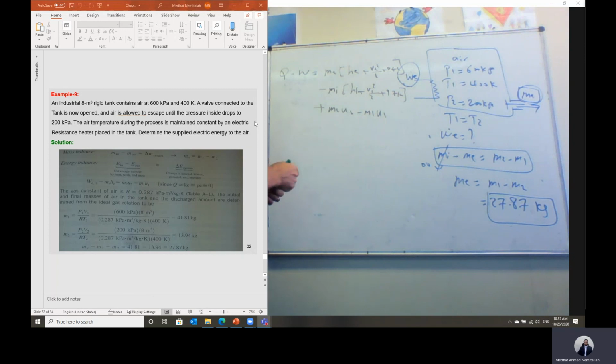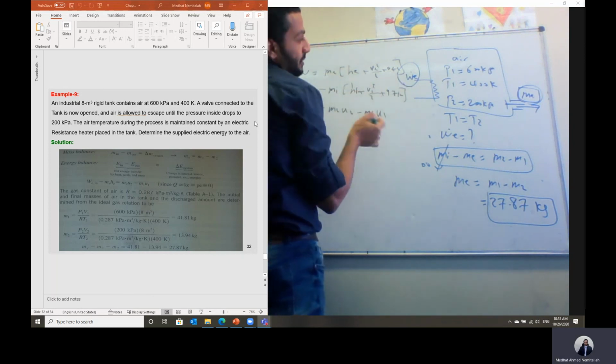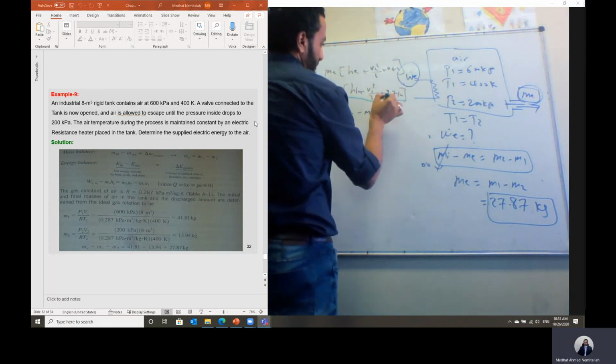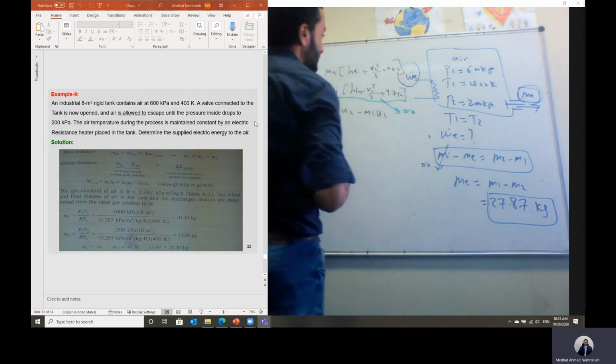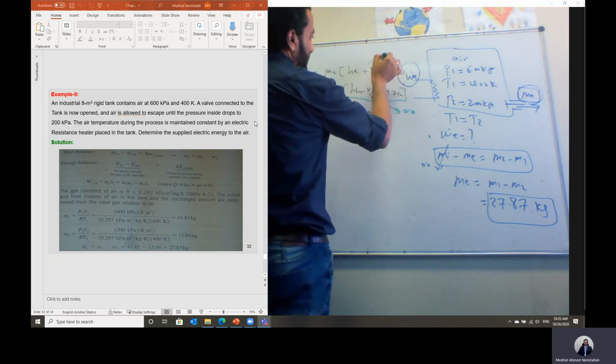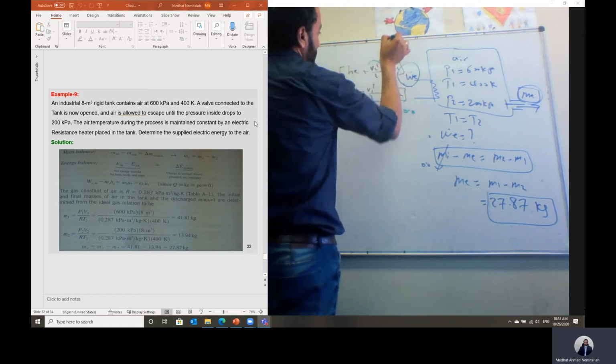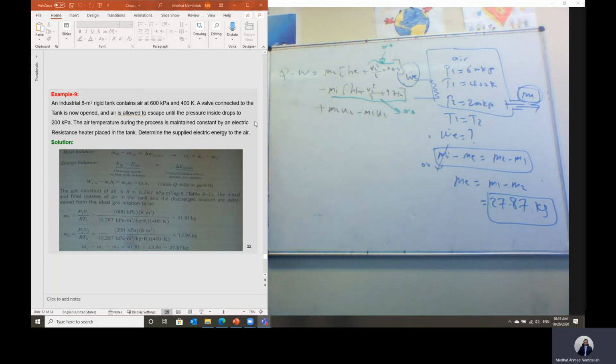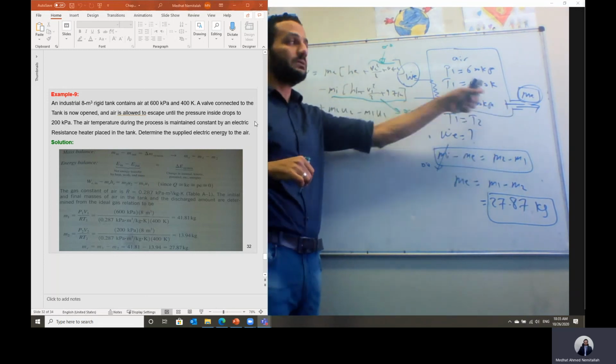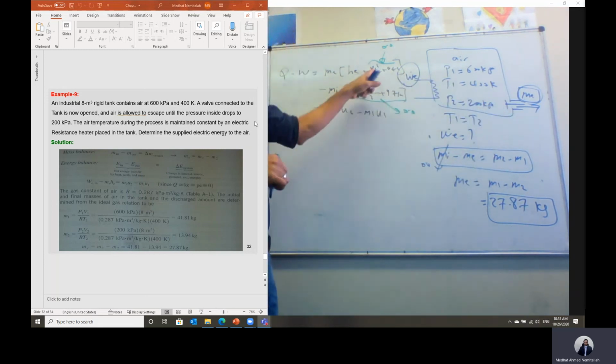For this term, we already have mass out, but we don't have mass in, so all of this term will be zero. We don't speak about the kinetic and potential energy of the leaving flow. If he gives you the velocity of the flow leaving the system and its potential energy, then you can add them.